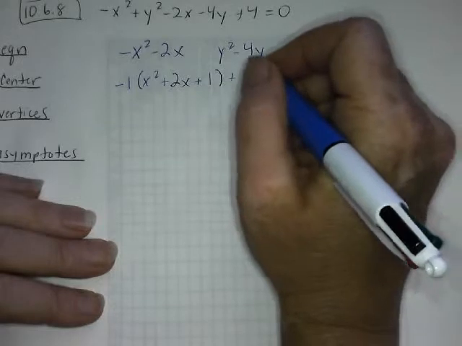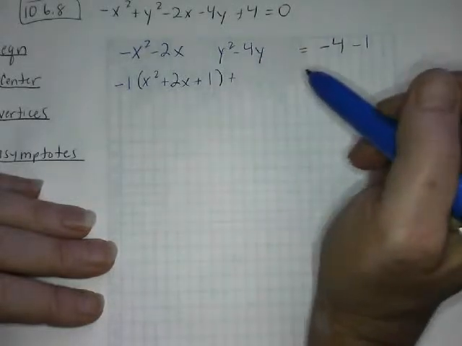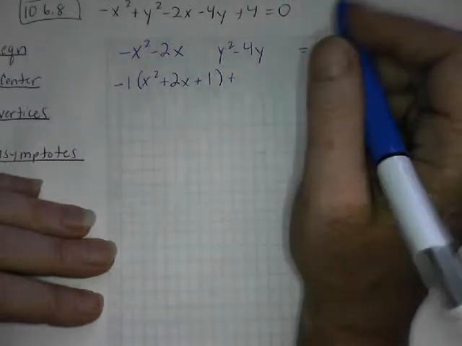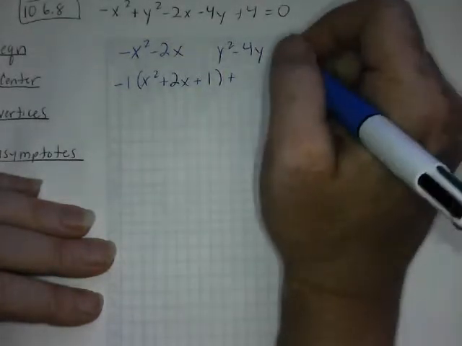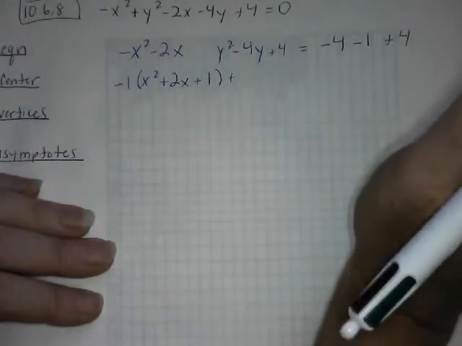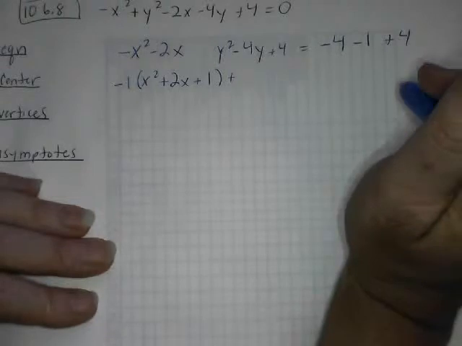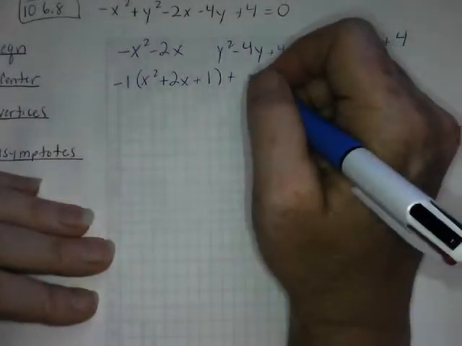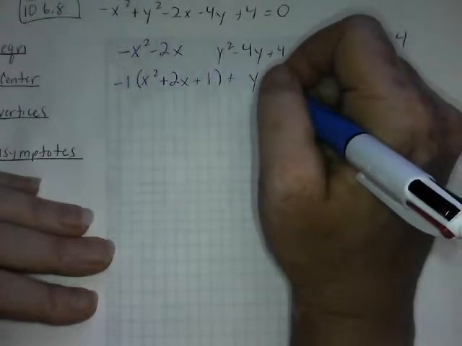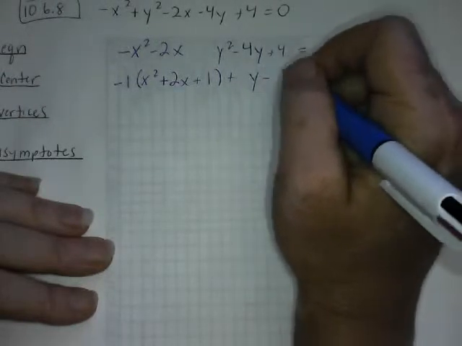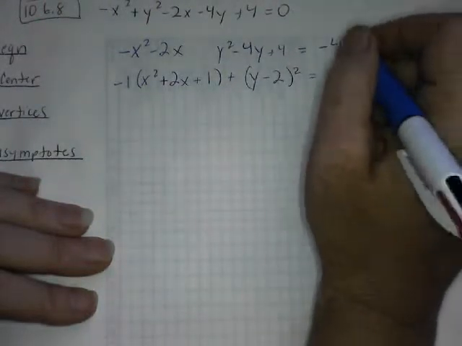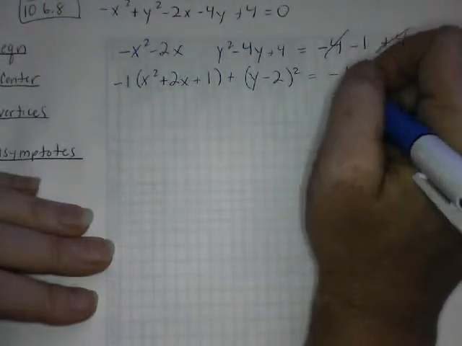And here, what's my complete the square number here? Half of 4 is 2 squared, that's 4. So I'll be adding 4 here and 4 here. Oh, that's interesting. Okay, so this will be y minus 2 squared. This is just going to be -1 out here.